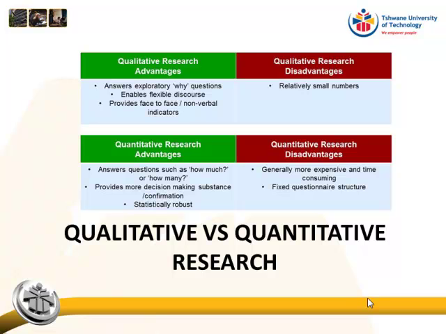And with quantitative research, you have a fixed questionnaire structure. You don't ask questions to substantiate your answer, or why do you think so, or do you think that we've missed something? Do you understand what I'm saying?